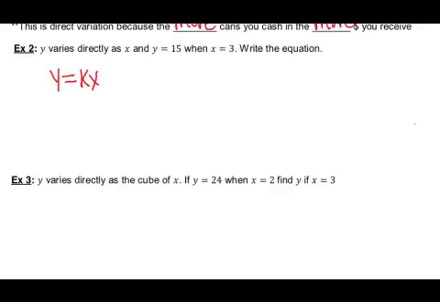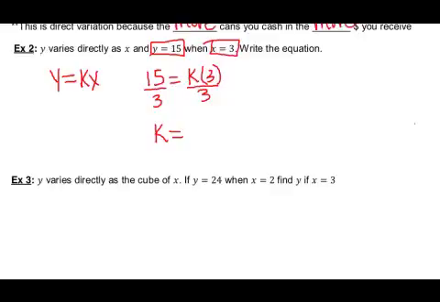They give us a y value and an x value, so we're going to plug those in and then solve for our k value. So if y is 15 and x is 3, we solve for k by dividing by 3. So k equals 5.